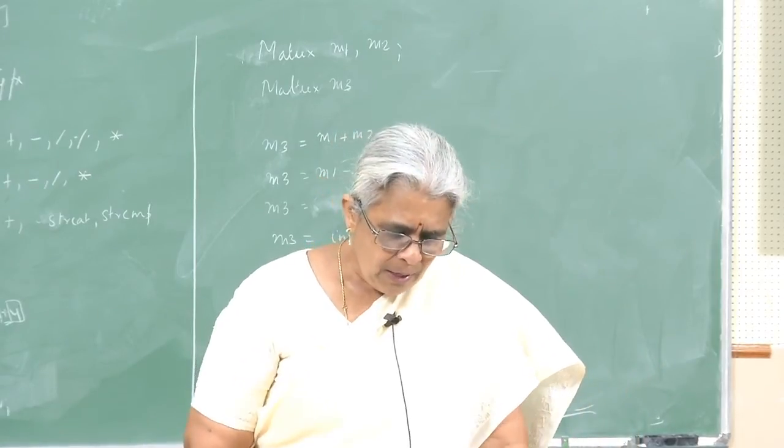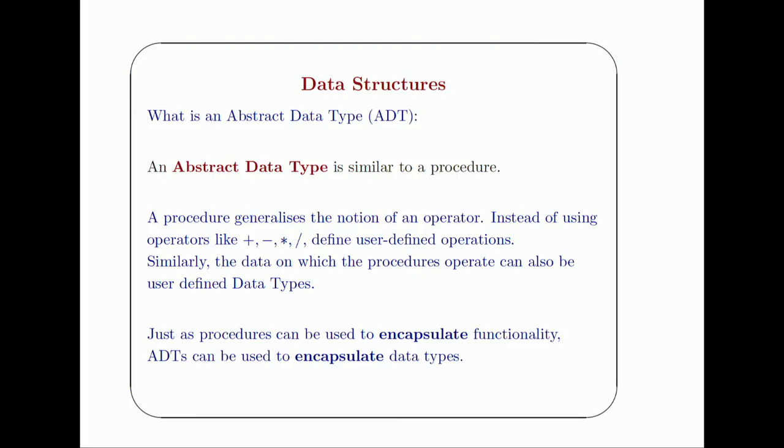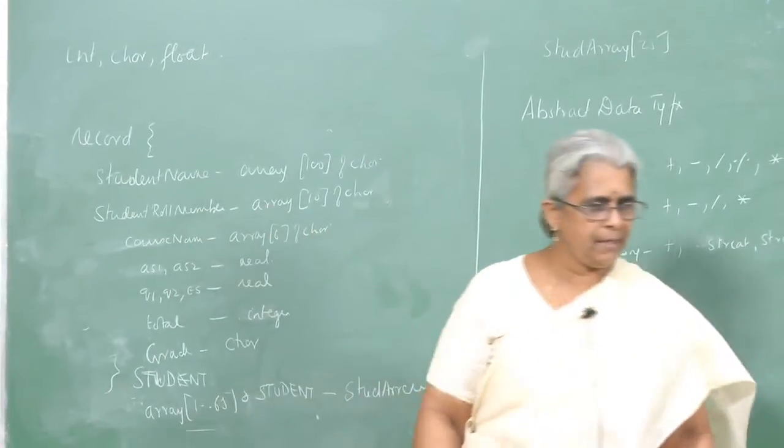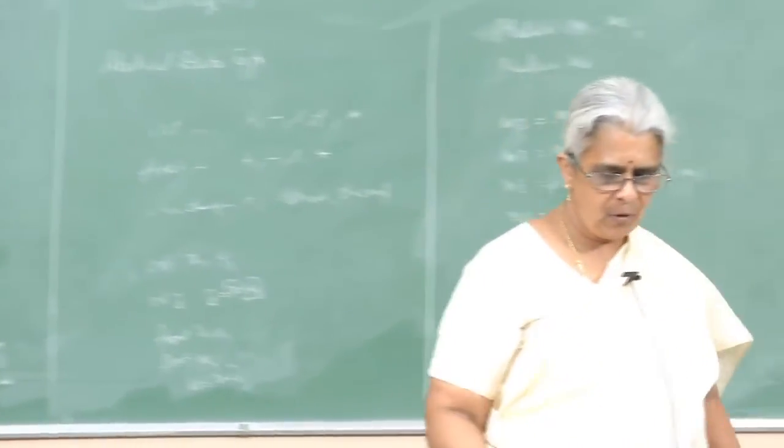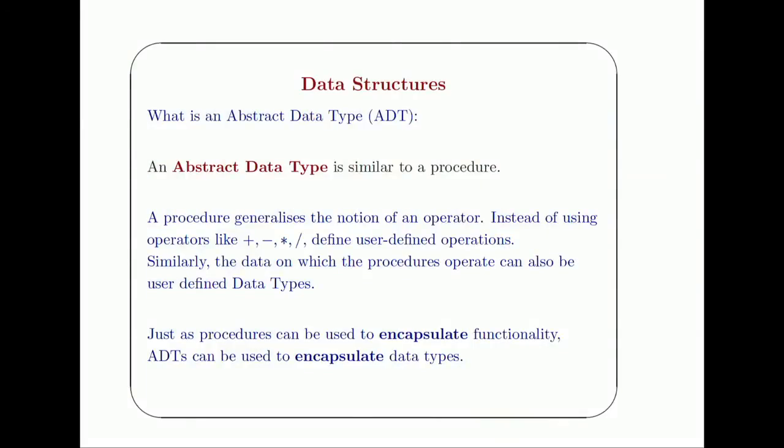So, now instead of using these operators plus, minus, multiplication, division, can we have user defined operations. Similarly, the data on which the procedure should operate, like I can give my own organization of the data. Okay. Can I also have a whole lot of user defined operators. So, what is happening is, if I look at it, matrix M1, M2, M3, I have to specify how this matrix is actually represented.